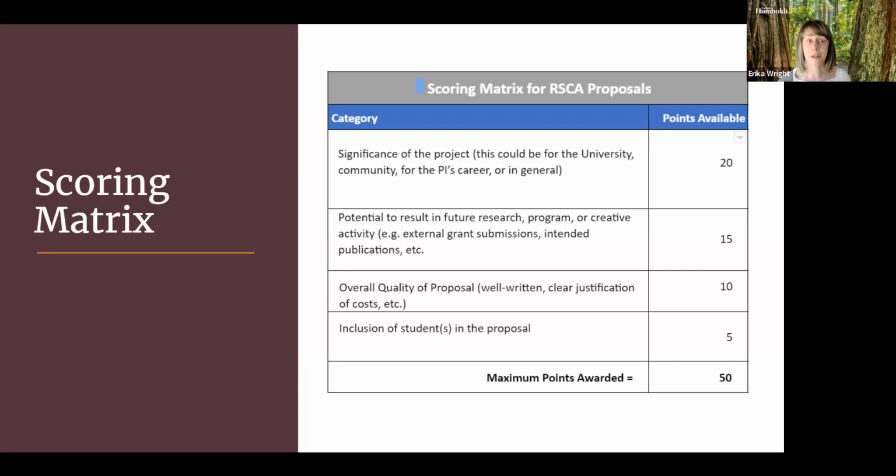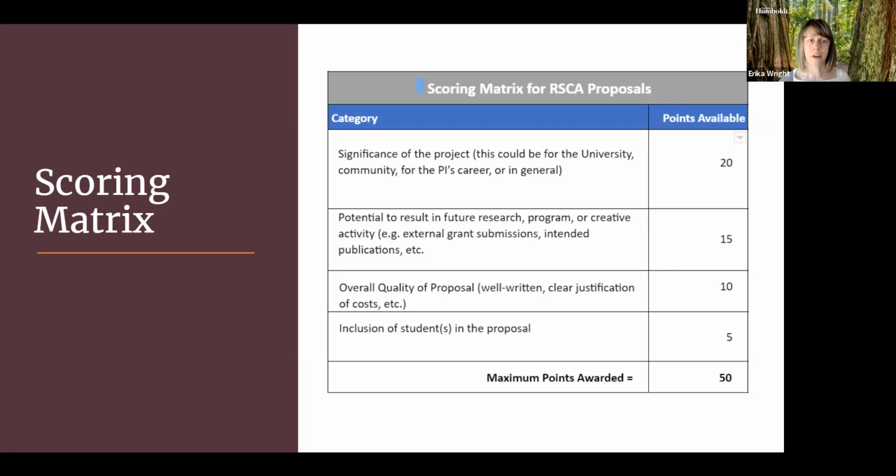You really want to nail this argument and answer this question in all the categories that you can, all the ways that are applicable. So how is your project going to benefit the university and the community and your career? So answer all of those questions and give examples and really try to make someone feel the need for what it is that you want to do.